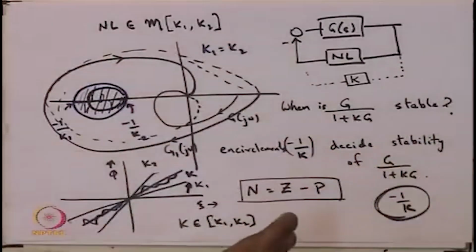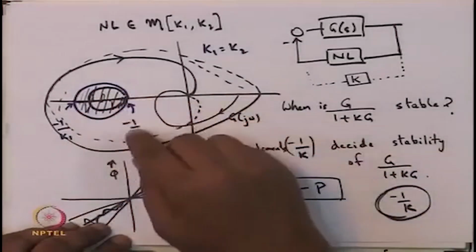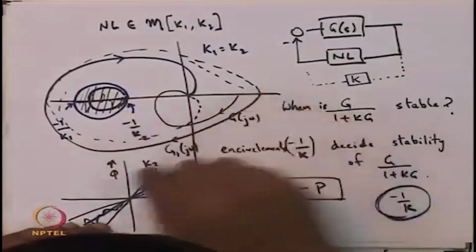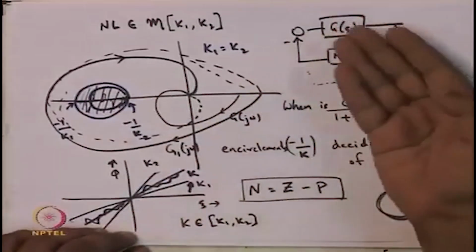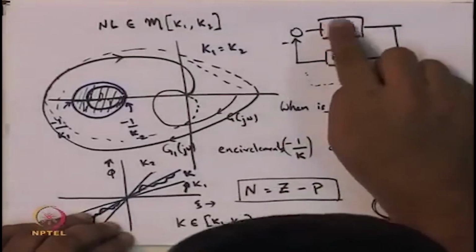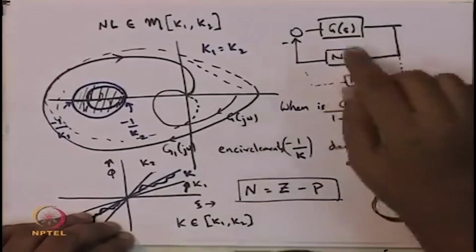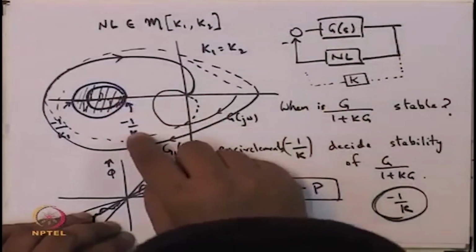And then by the Nyquist criterion for linear plants, we know that the number of encirclements of that minus 1 by k2 by this g j omega would depend upon the open loop plant g of s, whether it's stable or not. If it is stable, for example, then you should not have any encirclements of minus 1 by k2.